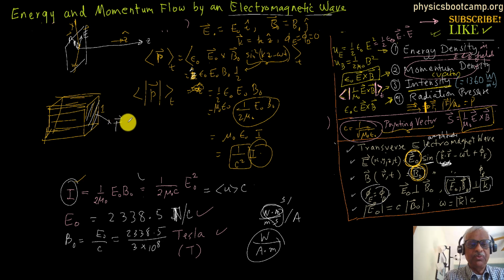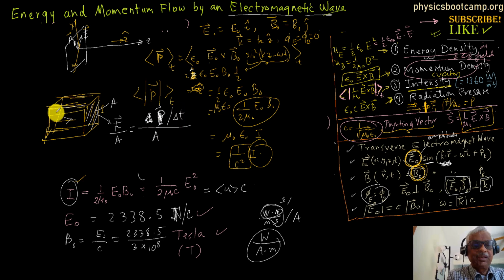I want to get the force per unit area. Waves are coming in, so how much total momentum, not density, but total momentum has come in over time delta t through area A? In delta t, everything in the volume of length c delta t would have come in here, so A c delta t.